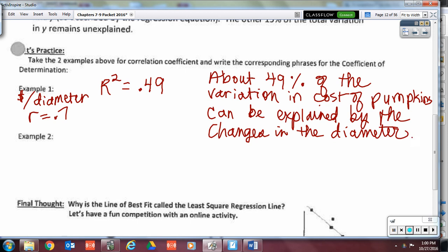So 49% of the reason that the pumpkins all cost different amounts is because of the varying diameters.